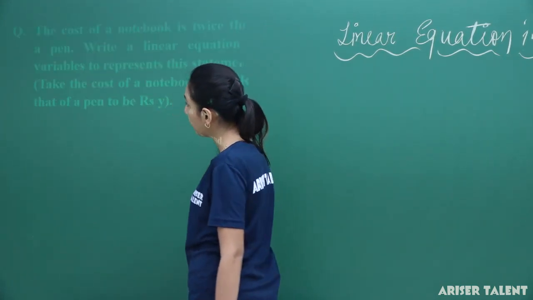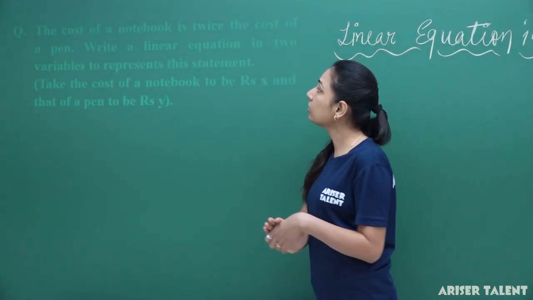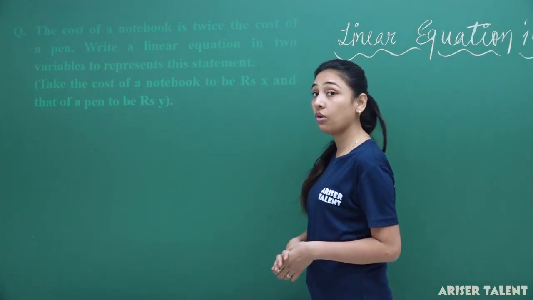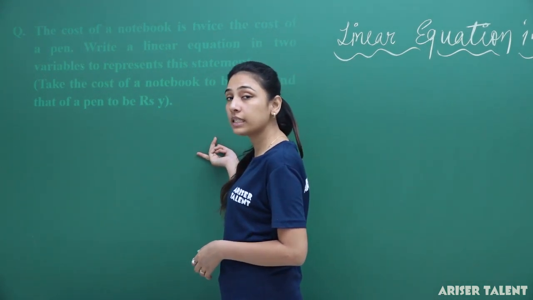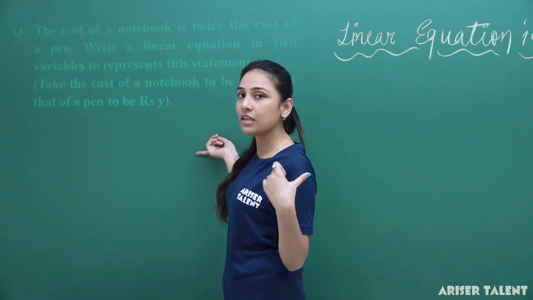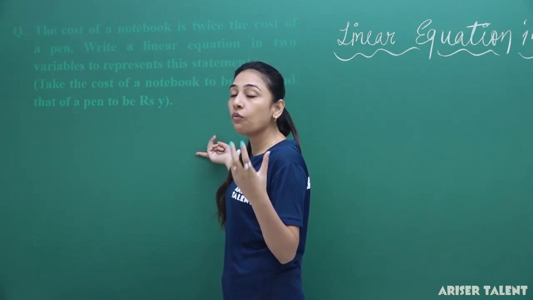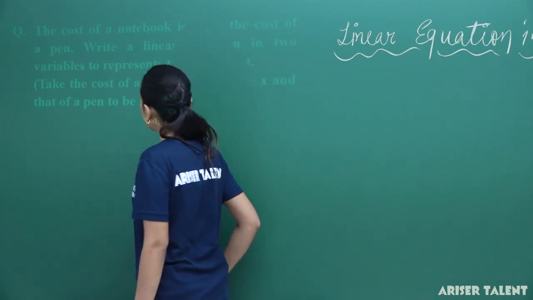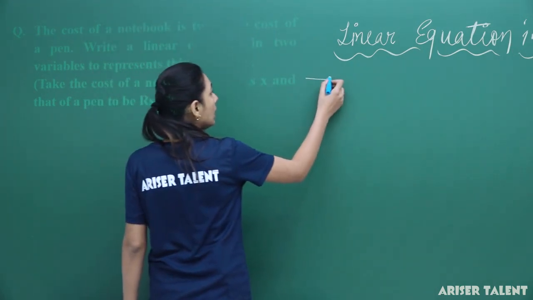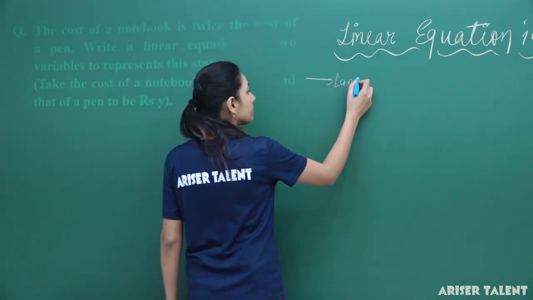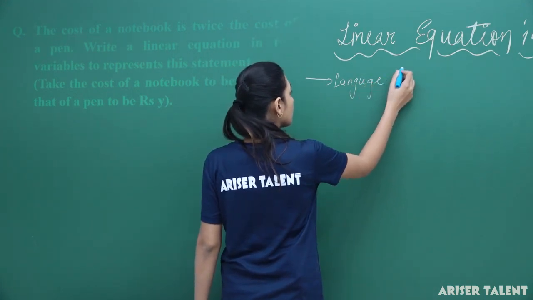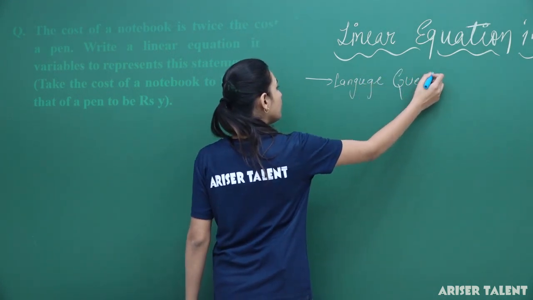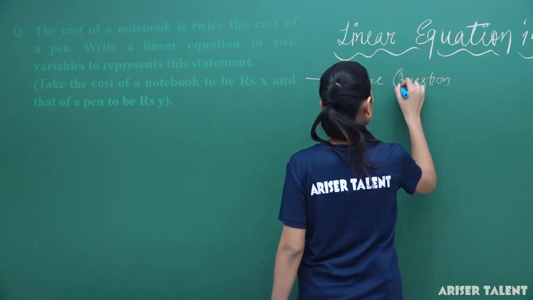Now we are doing the very first exercise question of this chapter, which is: the cost of a notebook is twice the cost of a pen. We have talked recently about language questions in our previous session. So this is a language question, and this first exercise has quite easy questions for you.